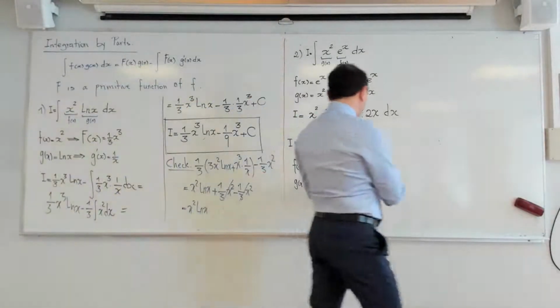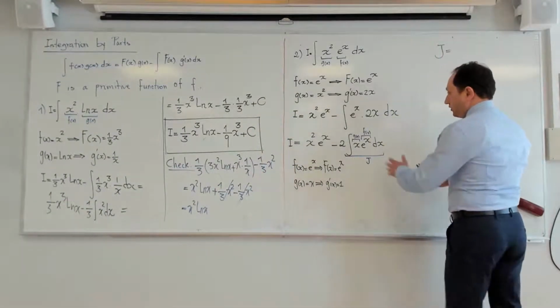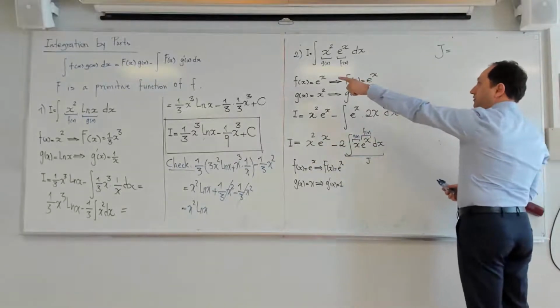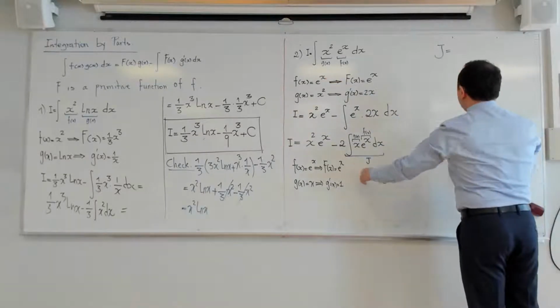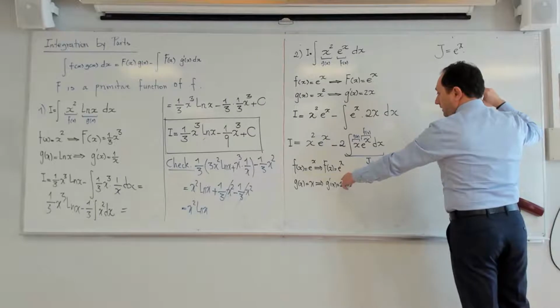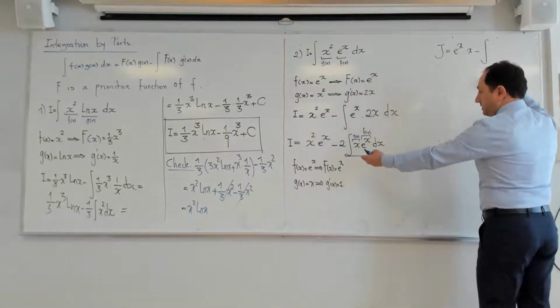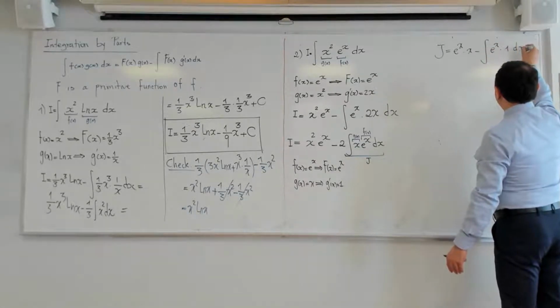Now what happens? So I have to calculate j now. So j becomes equal to, so forget about everything. I'm just concentrating to calculate j using the formula of integration by parts. So capital F of x is e to power x multiplied by g of x, which is x, minus the integral of the capital F multiplied by g prime dx.